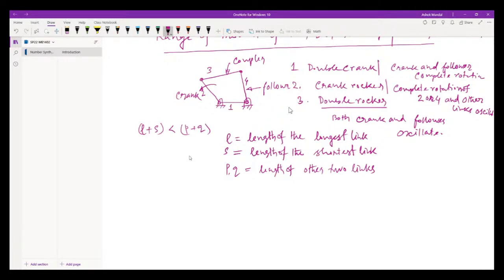Continuous repeating motion, sir; we can get different mechanisms. If this condition is not satisfied, then only a double rocker mechanism. So if this condition is satisfied, then something is ensured by it. What is that?